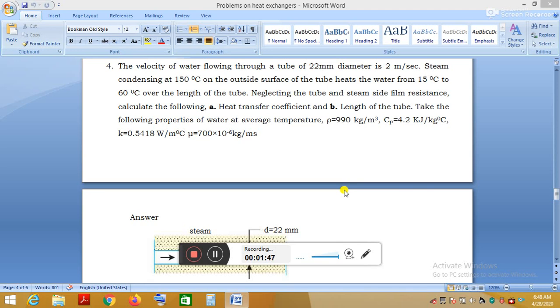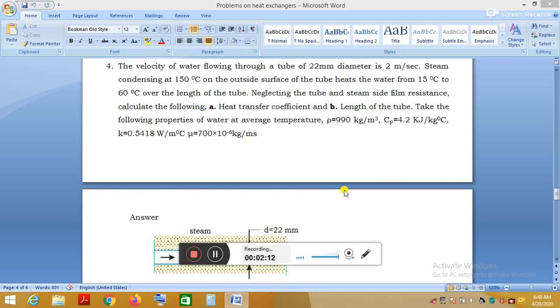Neglecting the tube and steam side film resistance, we need to calculate the heat transfer coefficient value and the length of the tube. In the problem, the property values for the water are given at the average temperature. That means the average of 15 plus 60, which is 75, divided by 2, gives 37.5 degrees Celsius.